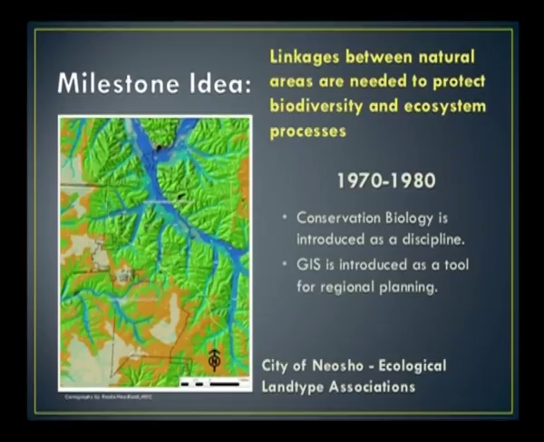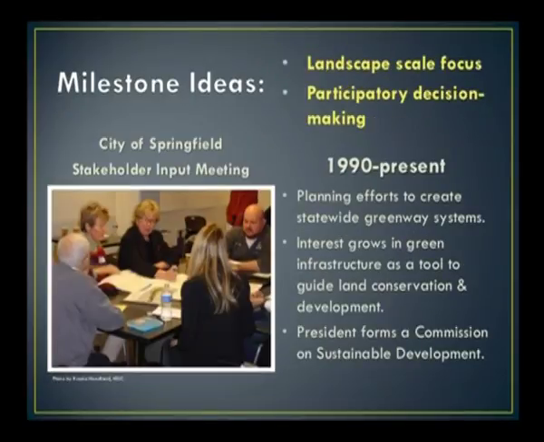Next, between 1970 and 1980, linkages between natural areas are needed to protect biodiversity and ecosystem processes. Conservation biology is introduced as a main discipline. GIS is introduced as a tool for regional planning. Next milestone, 1990 to the current scenario: landscape scale focus and participatory decision making.